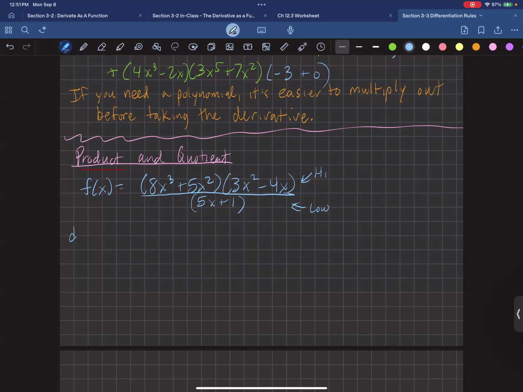So the derivative of high is a product rule. We take the derivative of the first one and leave the second one alone. And then we leave the first one alone and take the derivative of the second.